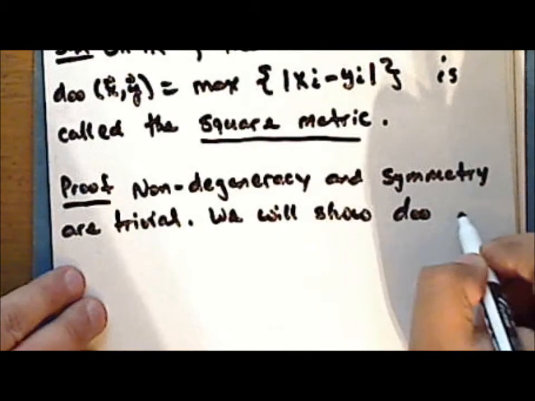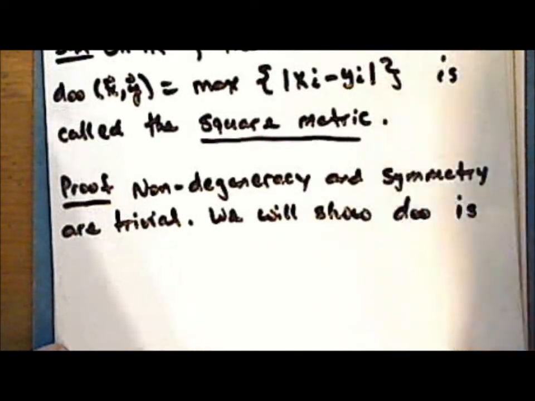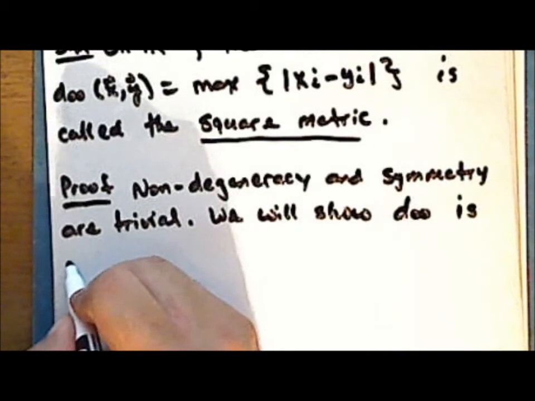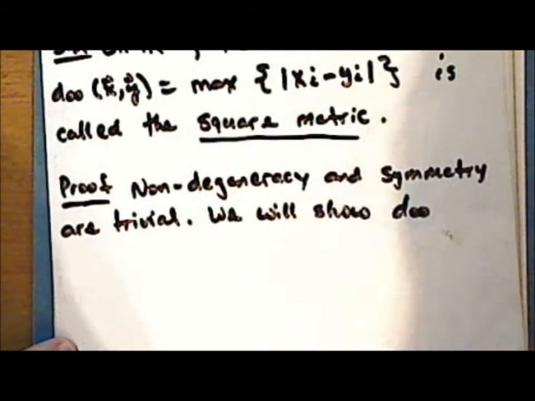We will show that the square metric, or d sub infinity, satisfies the triangle inequality.